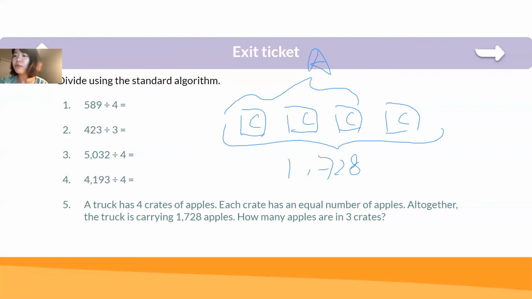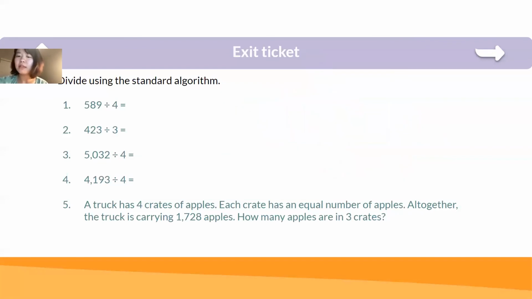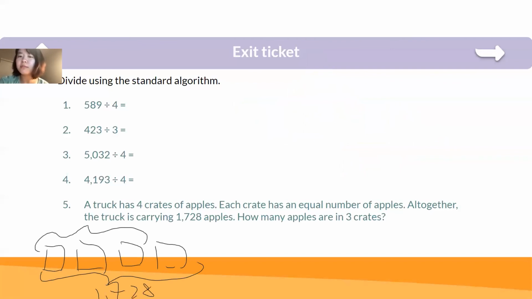So we have 4 crates, so we're using 1,728 divided by 4. Can I write this down? Okay, let me write this right here. So we have 4 for 1,728, and we're looking for this.